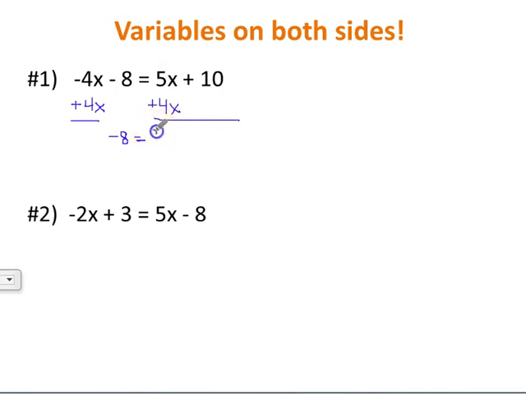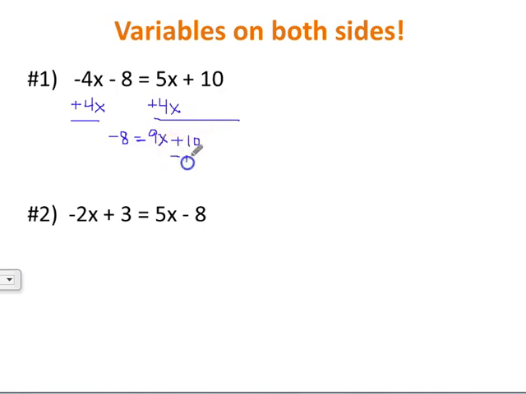5x plus 4x is 9x. And I still have 10 on the right side. Now, remember my strategy is get all your constant terms on one side and on the opposite side, all your x variables. So I need to now, really we're at a two-step equation now, right?